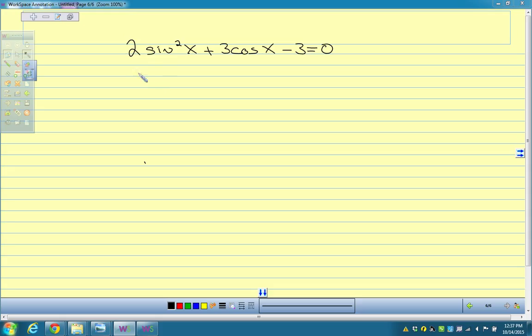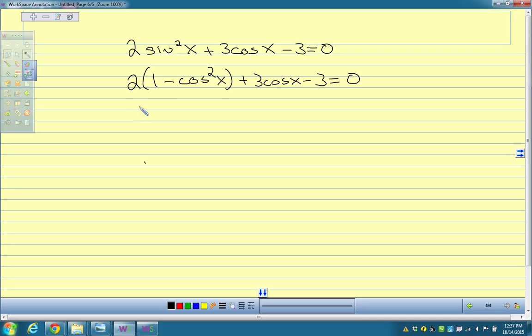Perfect, okay? So what you do is you change sine squared x, you use an identity. You change sine squared into 1 minus cosine squared x, plus 3 cosine x minus 3 equals 0. And then you distribute and you try to simplify.